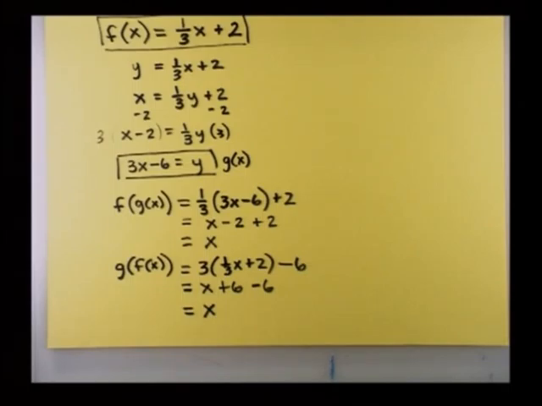So the process of finding an inverse, where we have x and y trading places and then we solve for y, that's the process of finding the inverse. Now this is the process of verifying that it truly is the inverse and that I did it right. So I can check my work and verify that they are inverses of one another.